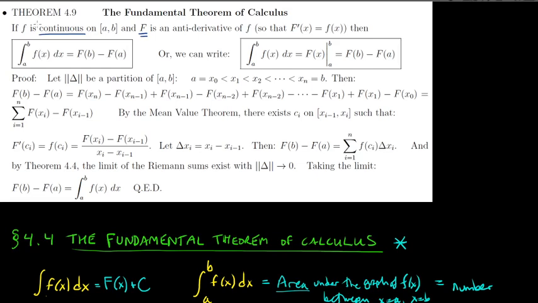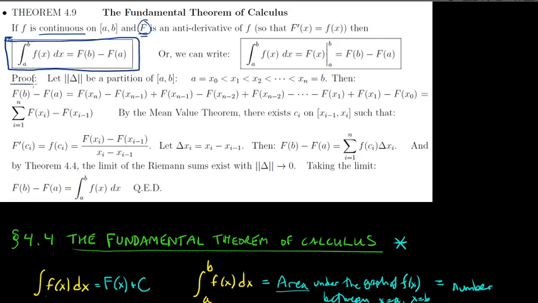So let me say that again, because this is the absolute key. This is essentially the fundamental theorem of calculus. The definite integral from a to b of any continuous function is the same as if you took the antiderivative as a function and evaluated it at a and b and then subtracted, the top minus the bottom: capital F of b minus capital F of a. So that's the fundamental theorem of calculus.